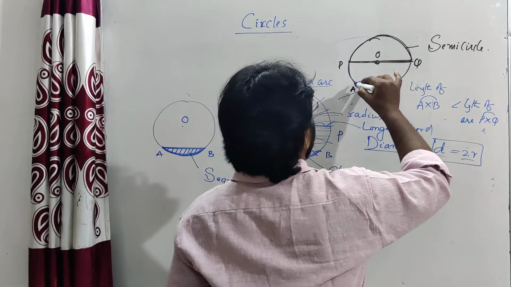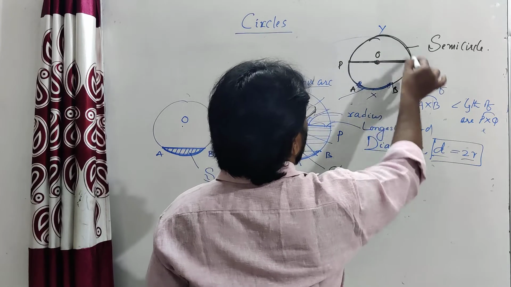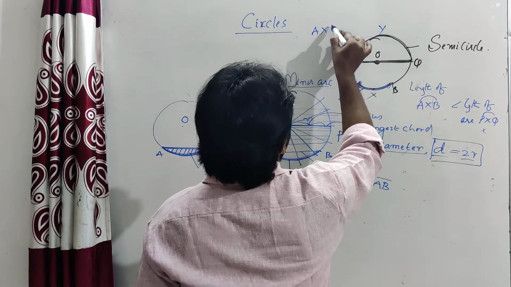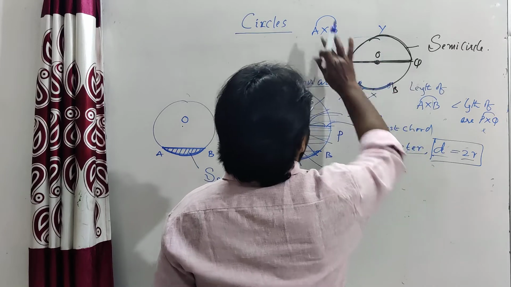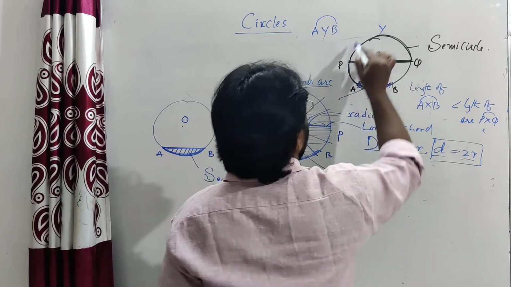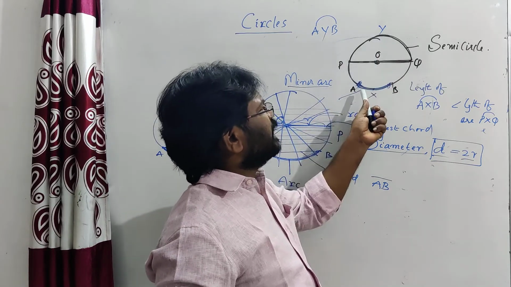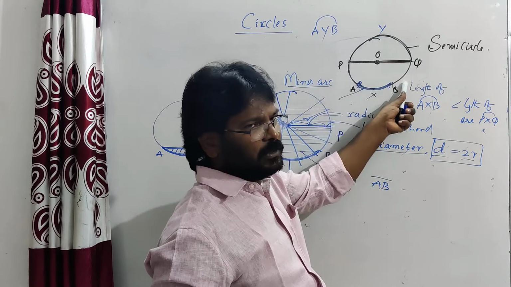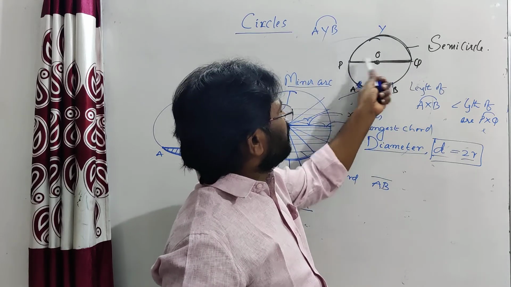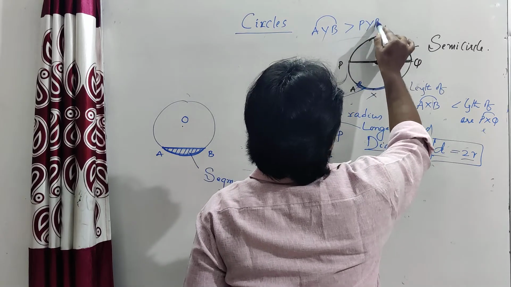Otherwise, suppose I am taking a point Y. This is also an arc, AYB. Y is included in this arc. So AYB is also an arc. It is more than arc PYB.